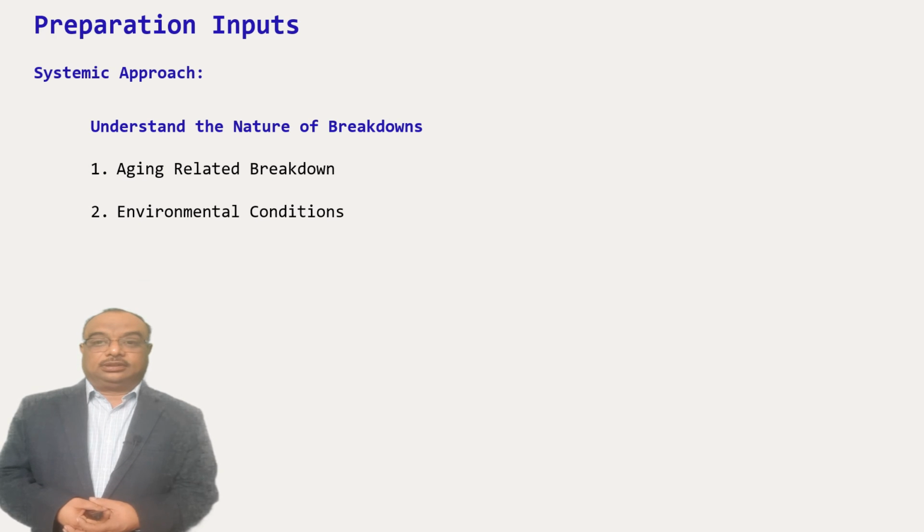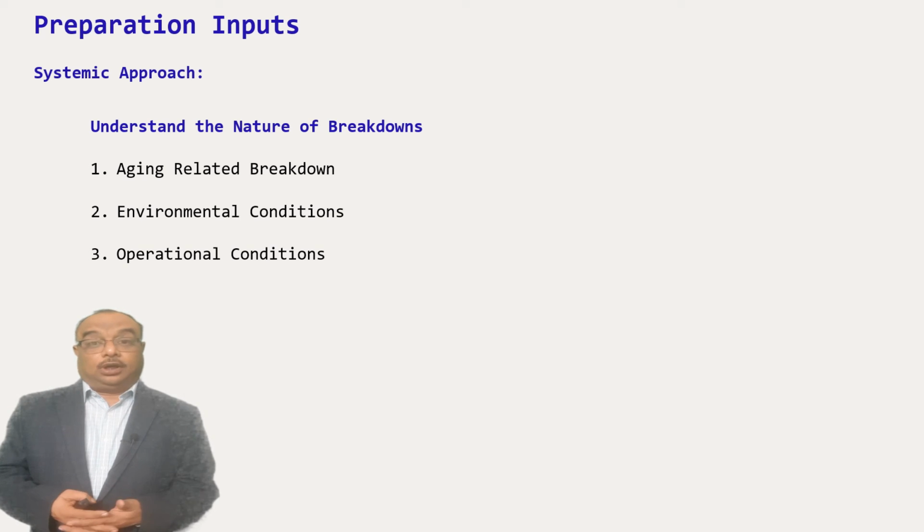And the third is related to the operational conditions. Sometimes some of the machines have their own specification, like a molding machine of 250 tons. But if you are using any tool beyond the machine limits, then there is a possibility of breakdowns.